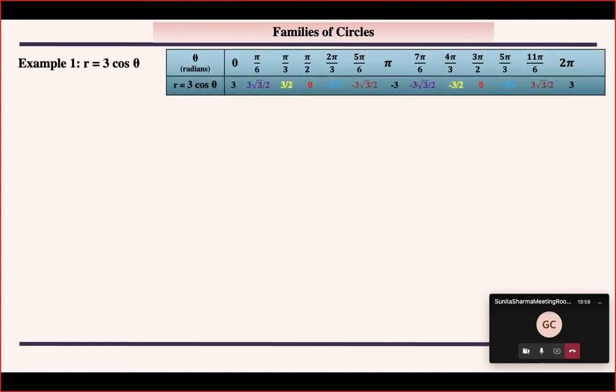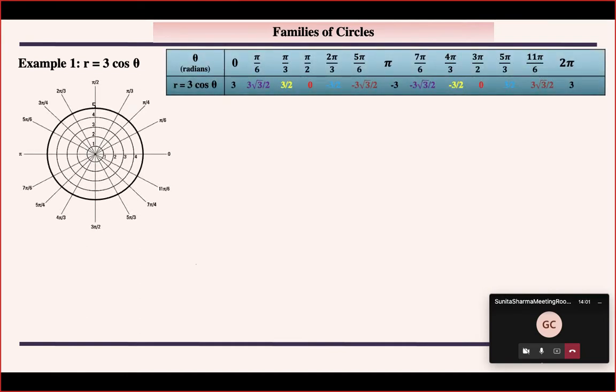Now there is another way of sketching such graphs in case you are not able to convert to Cartesian. It may not be straightforward or easy for you to convert every polar equation into the corresponding Cartesian, or you may have converted it, but it is a very complicated form.